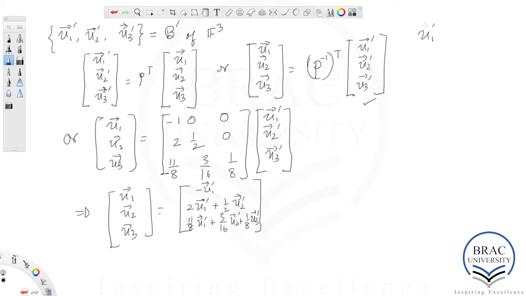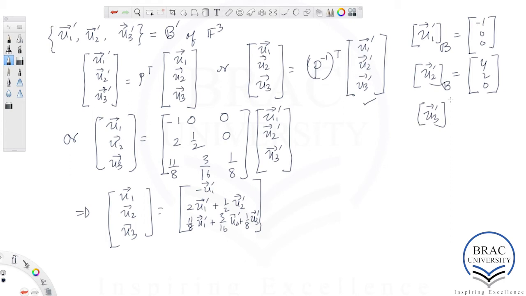Remember that the coordinate matrix of u1 prime relative to the standard basis B was minus 1, 0, 0, that of u2 prime was 4, 2, 0, and that of u3 prime relative to the basis B was 5, minus 3, 8.